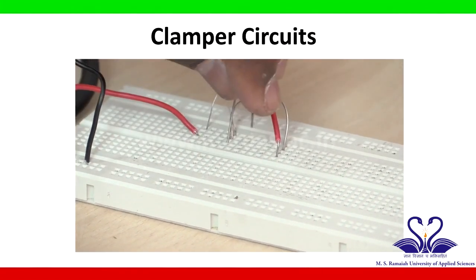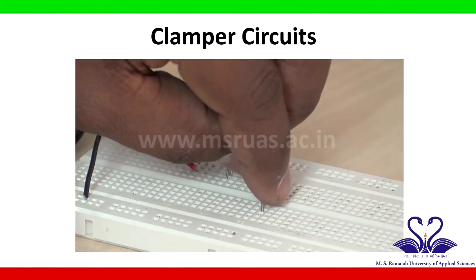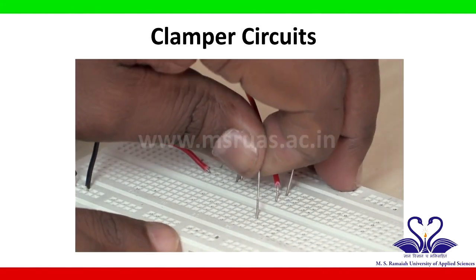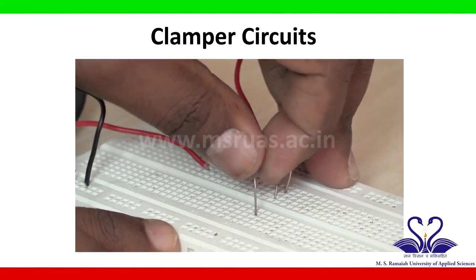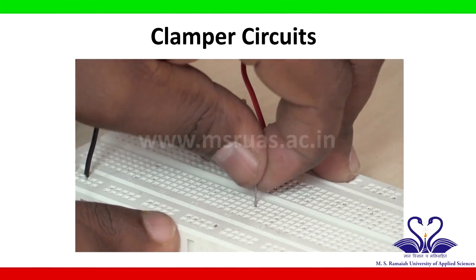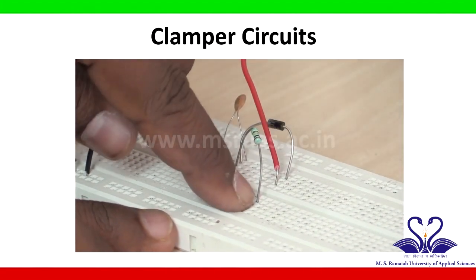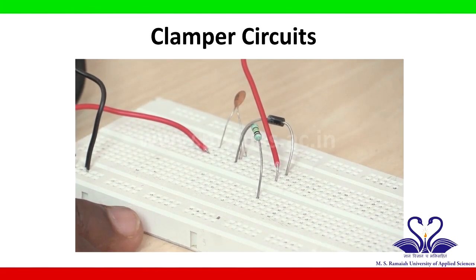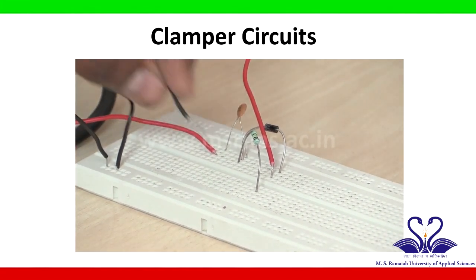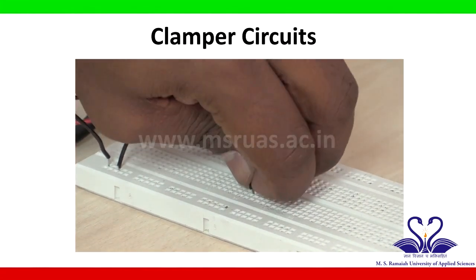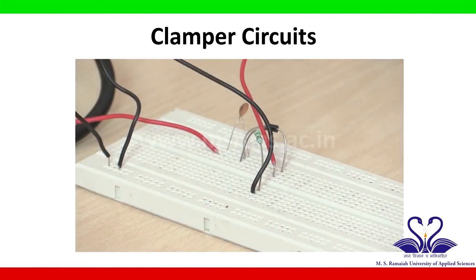I will connect this to ground through some intermediate point, because this terminal is not long enough to connect directly to ground. I will connect it at some point on the breadboard, and take one wire from this point and connect it to the ground line.